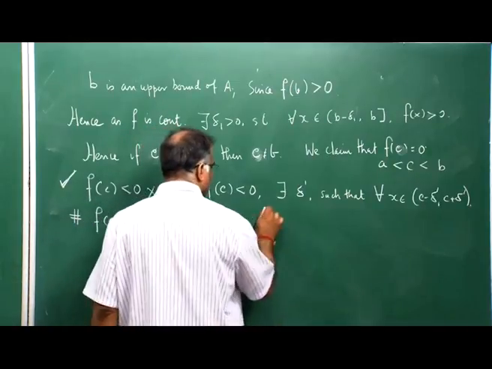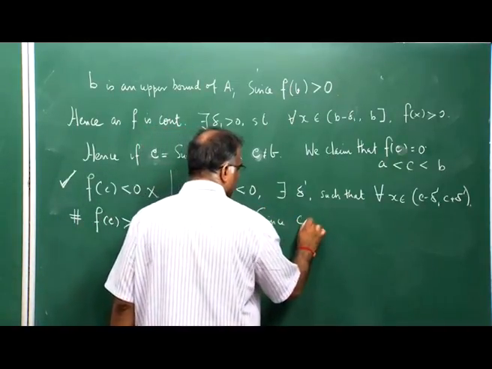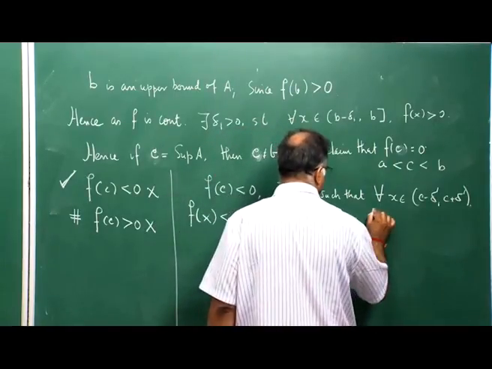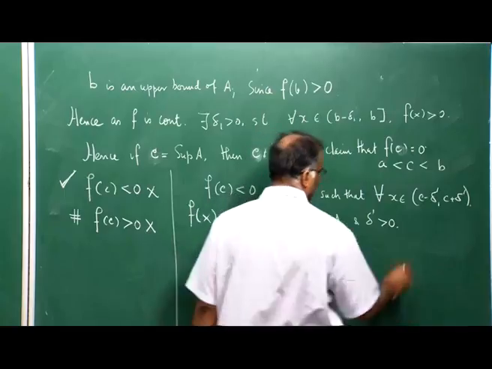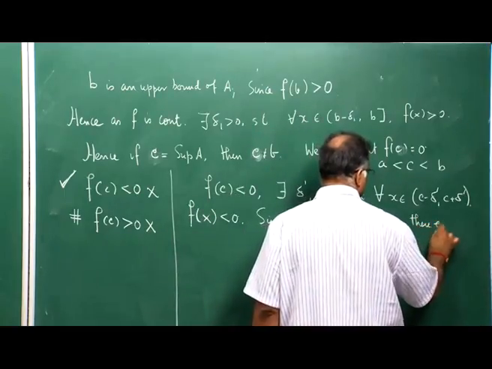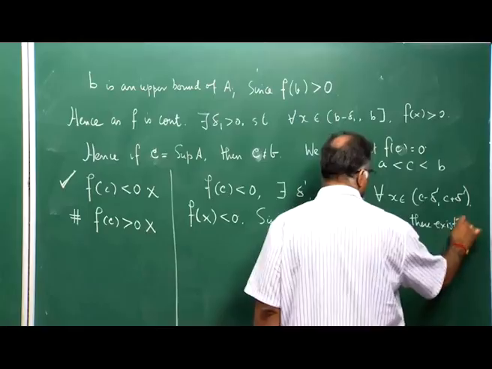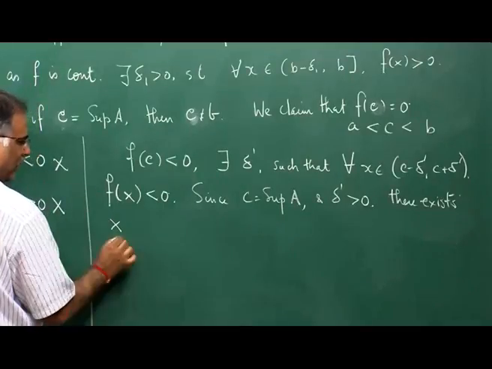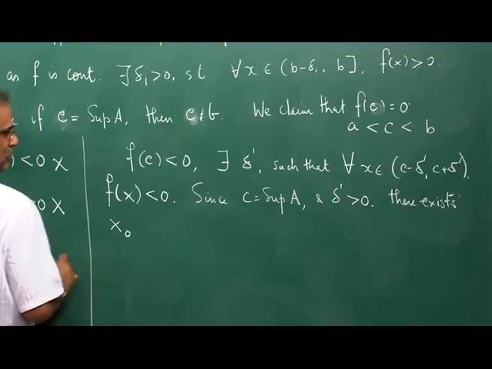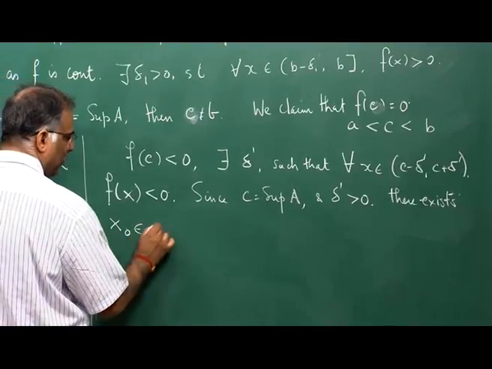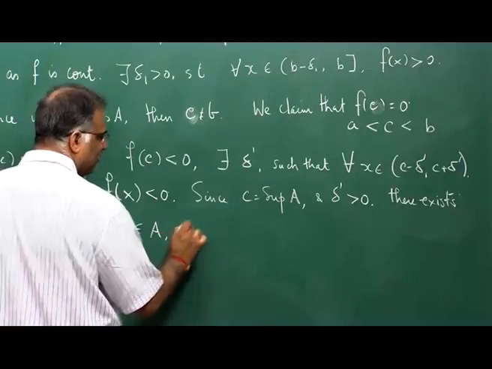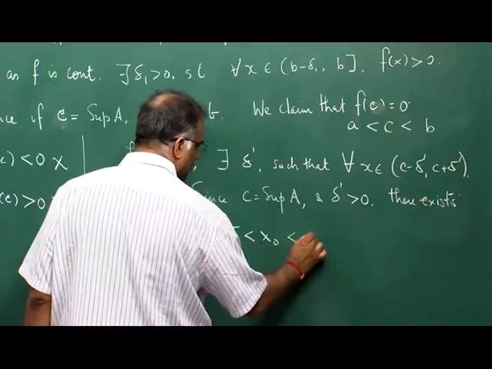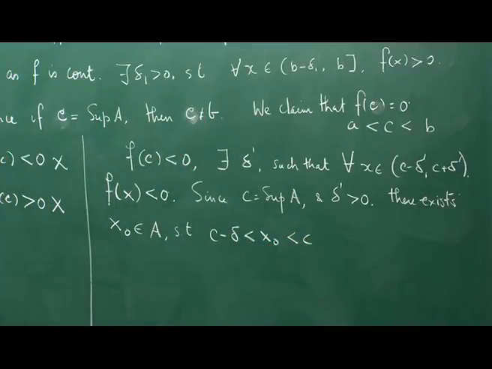Now, since c is equal to the supremum of A and delta dash is greater than 0, there exists x naught an element of A such that, now you ask why it is not equal to c, x naught.